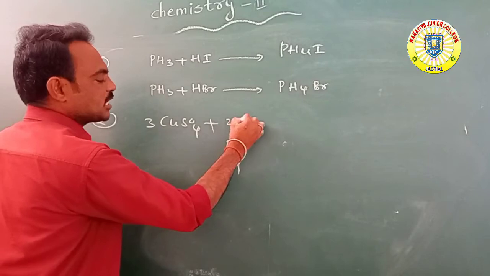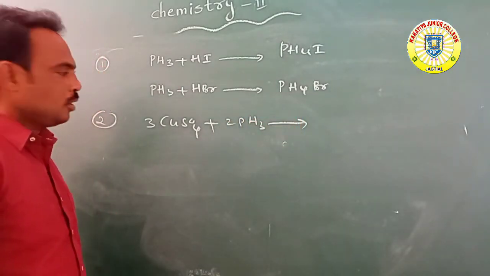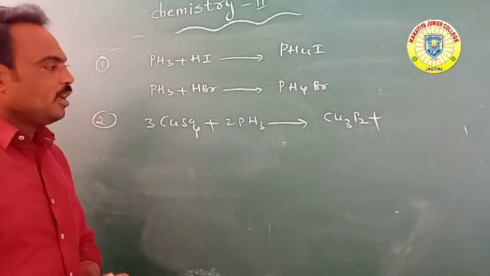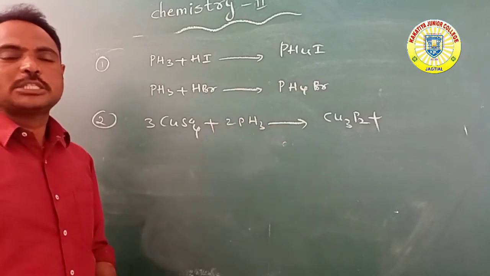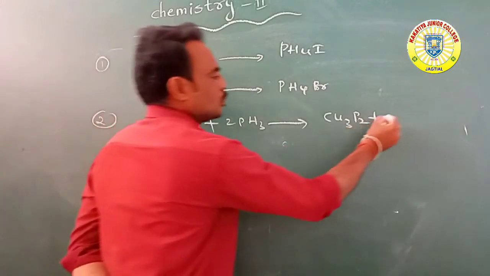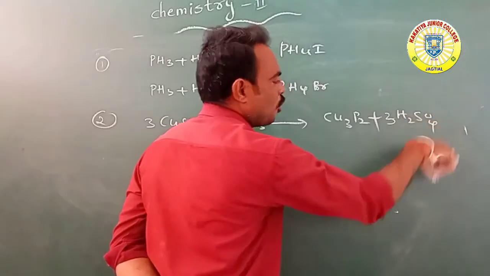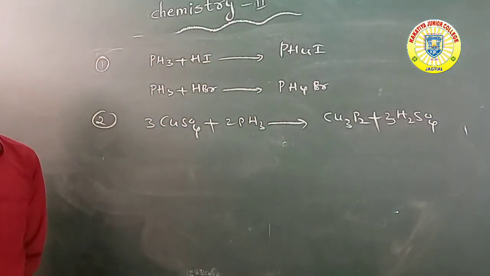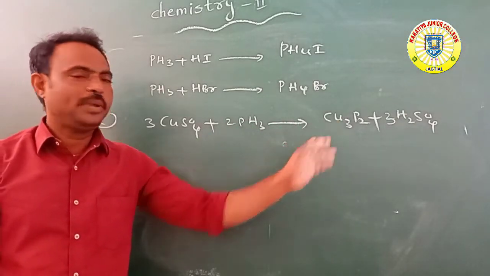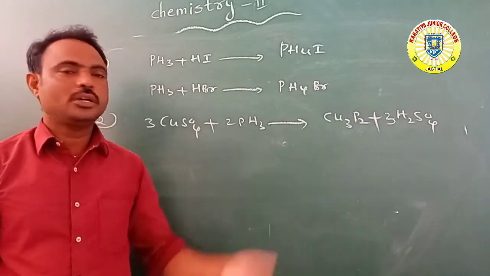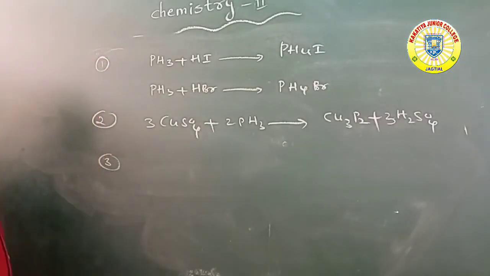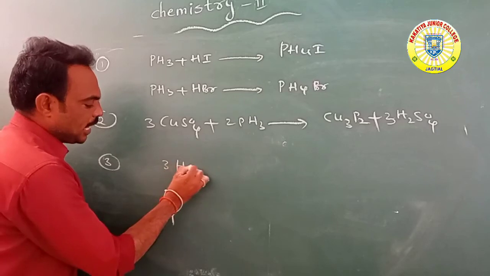This copper sulfate reacts with PH3 phosphine to form Cu3P2, copper phosphide, and next H2SO4, sulfuric acid. Next one, it reacts with HgCl2.